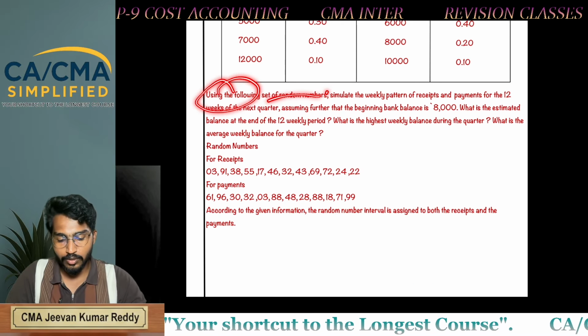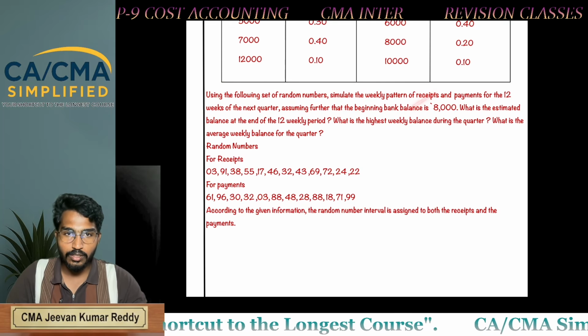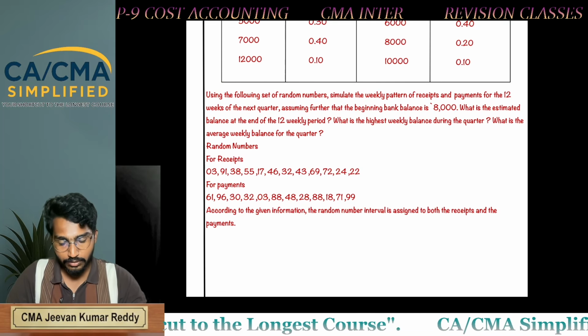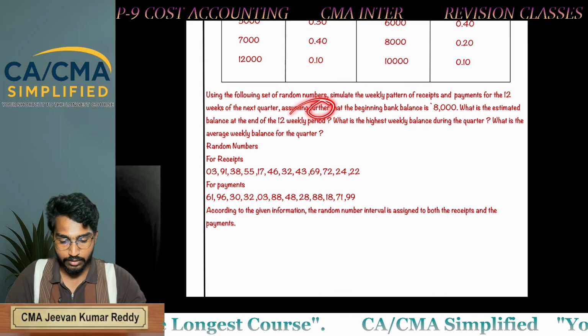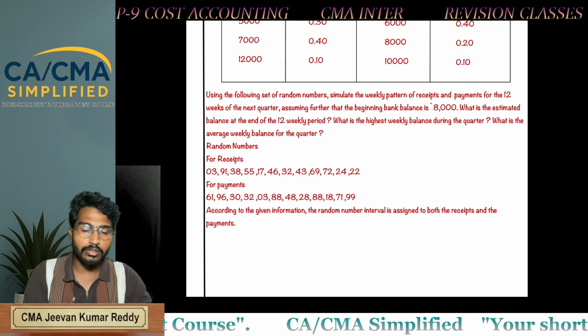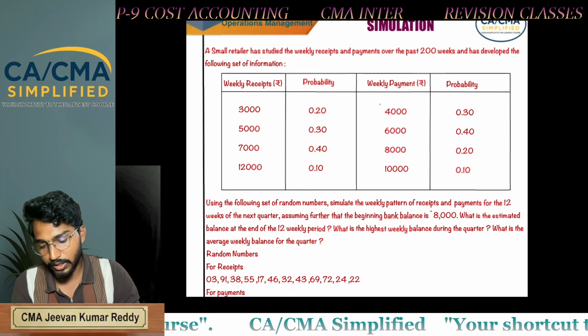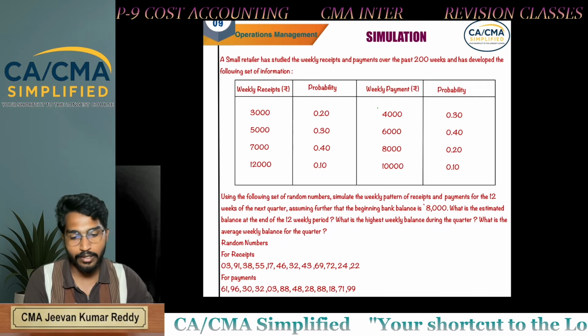Using the following set of random numbers, simulate the weekly pattern of receipts. First we need to simulate the weekly pattern of receipts as well as payments for 12 weeks using the random numbers. Assuming further that the beginning opening balance is 8,000. That means the retailer has an 8,000 opening balance in his bank account.